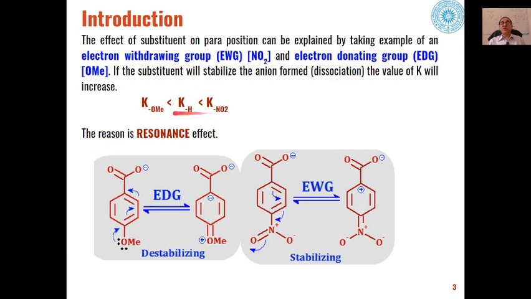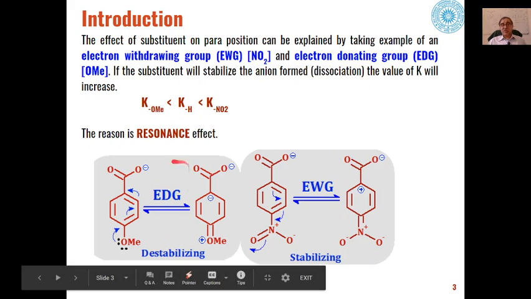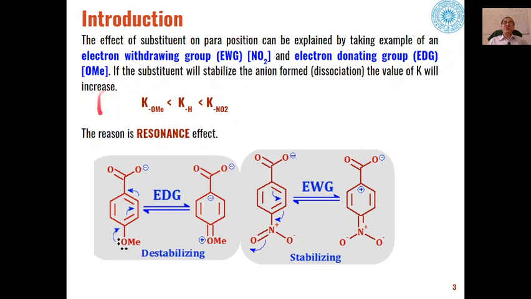And if we compare the value of K, then K for unsubstituted will be less than K for nitro group, whereas the value will be less for electron donating group. So this change in value of K from electron donating to electron withdrawing through unsubstituted benzoic acid is because of resonance effect.